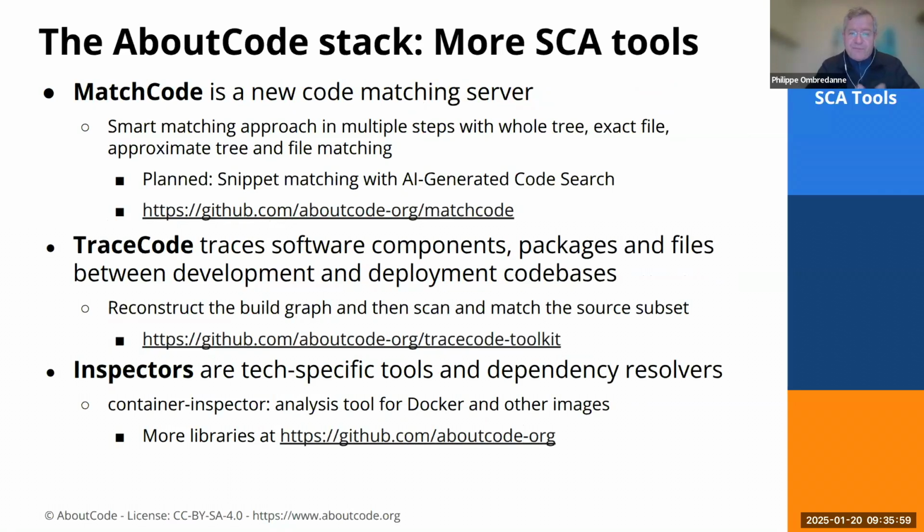Okay, so that was the core ScanCode. The other tools we have here, really important, MatchCode. It's almost ready with a new feature called AI generated code search, which I don't think we had, or I was probably planning to discuss it last year, but now it's something we're actively working on.